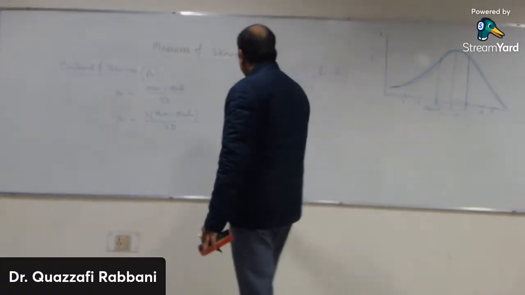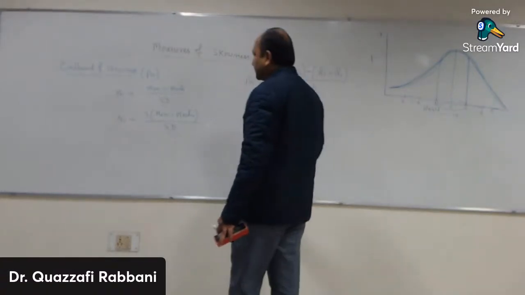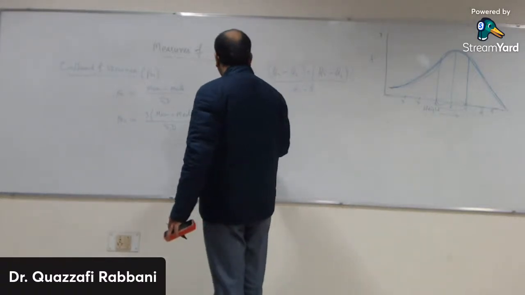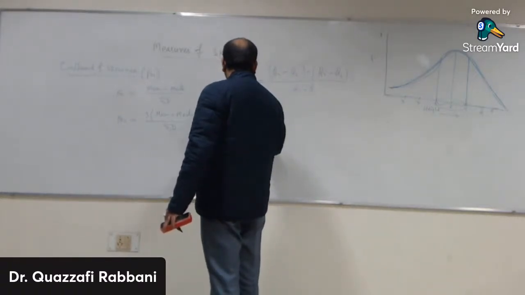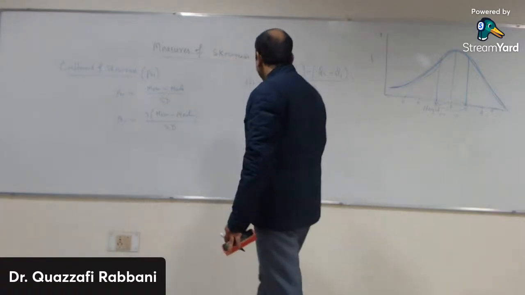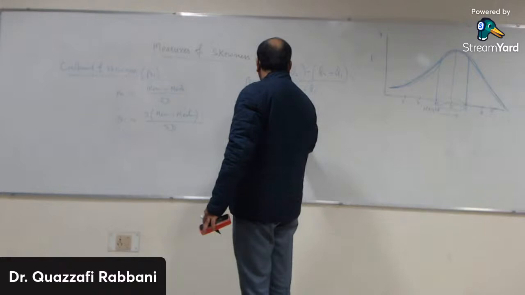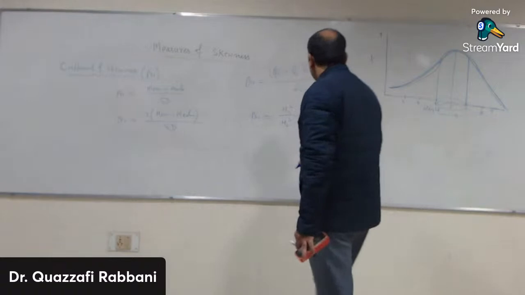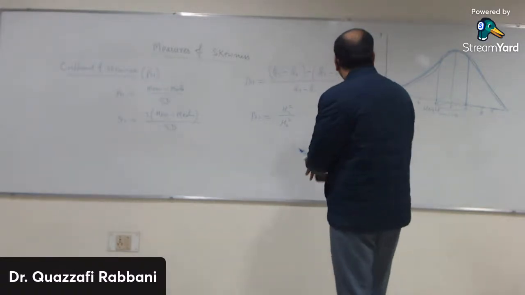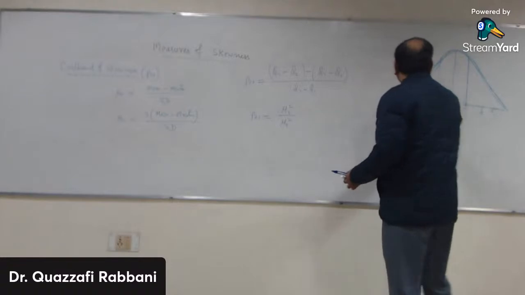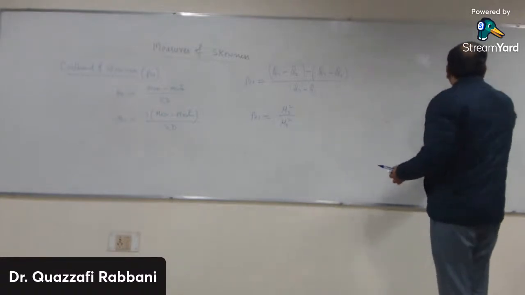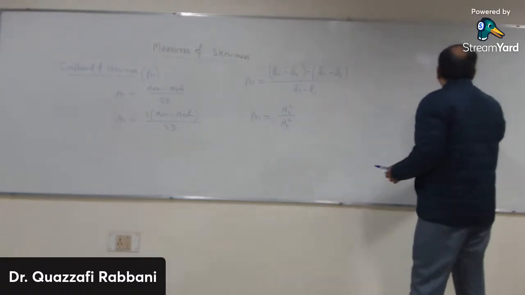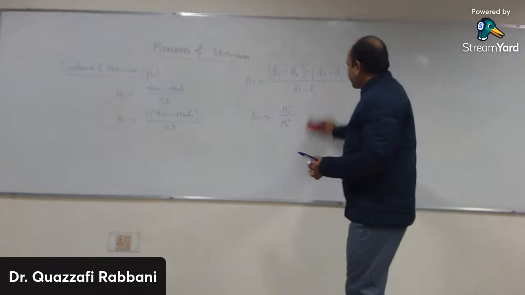And one formula is also used to find the coefficient of skewness on the basis of moments. So you can also use the moments, and this is mu3 square divided by mu2 cubed. So we will just explain how to find the moments. Moments are calculated using the frequency distribution of the data.